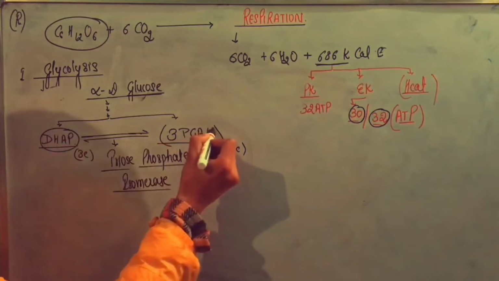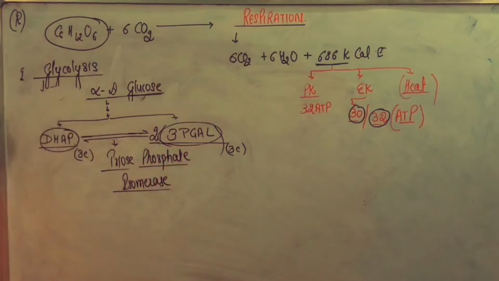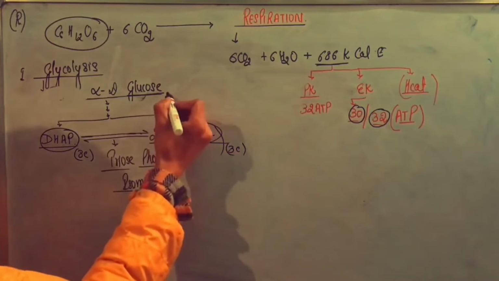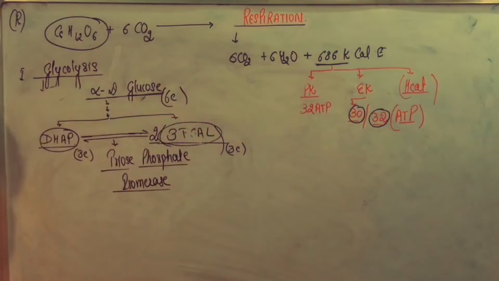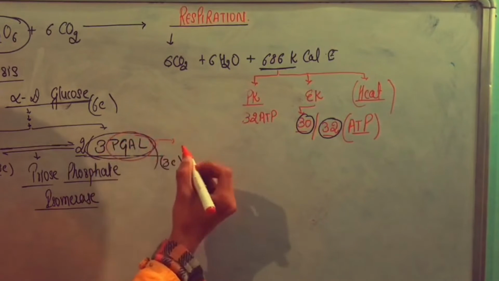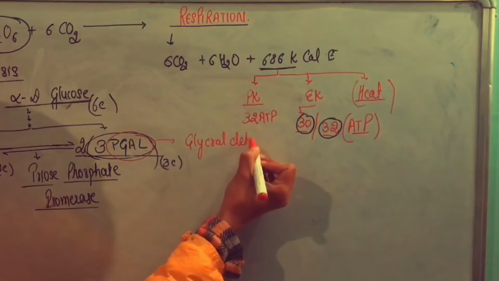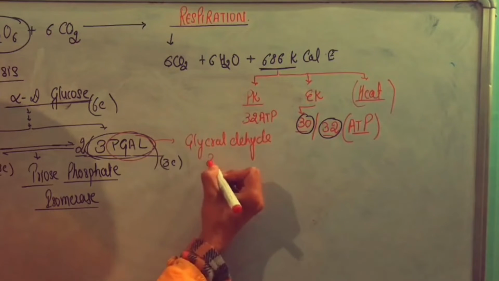So dihydroxyacetone phosphate can be converted into 3-phosphoglyceraldehyde. So 2 molecules of 3-phosphoglyceraldehyde can be formed from 6 carbon of alpha D glucose. This is glyceraldehyde 3-phosphate.